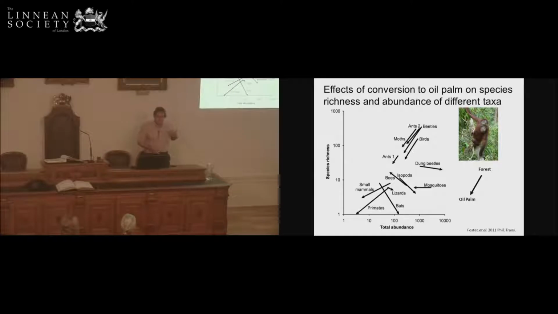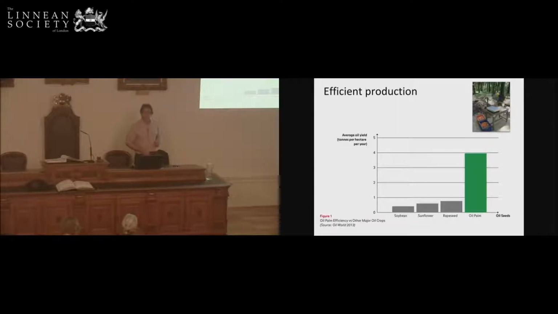So again, unpicking this, understanding where these exceptions are, can begin to give us ideas about how to manage these environments. What's making some species not be so badly affected compared to others? And if you can get a handle on that, perhaps we can get a handle on how to manage these environments a little bit more sustainably. But generally speaking, bad news as far as biodiversity is concerned. You're all well aware of that.